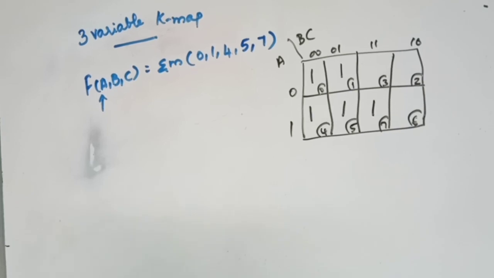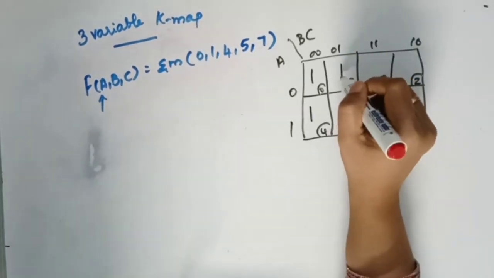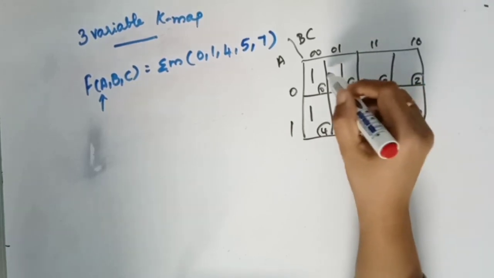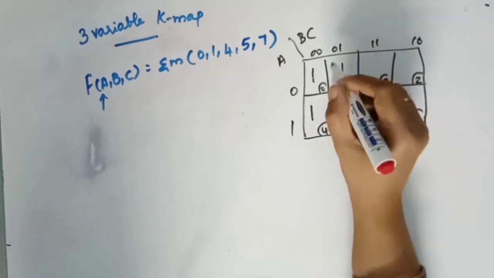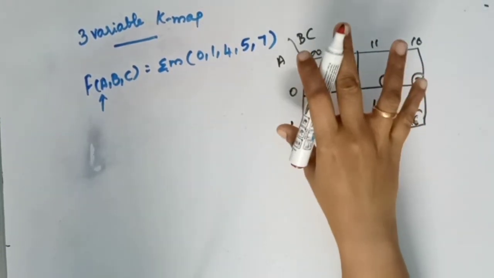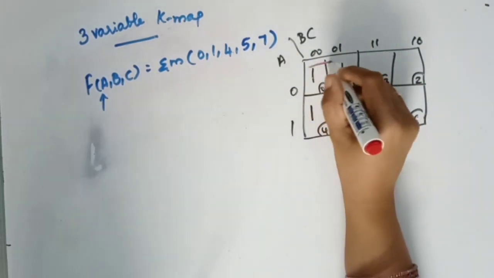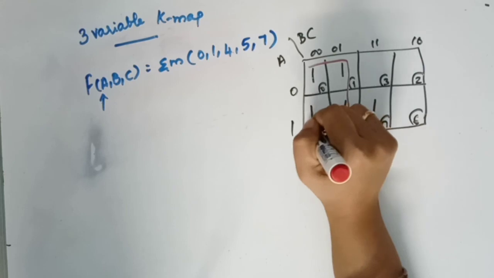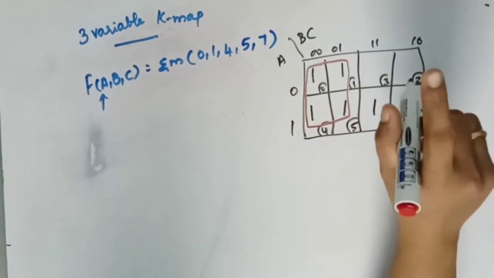Okay. So in this, in order to group, here you can see that you have 4 ones. So if you can group 4 ones, go for 4 ones, don't settle for 2 ones. So you can group these 4 ones together, maximum number of ones in a group, that rule.